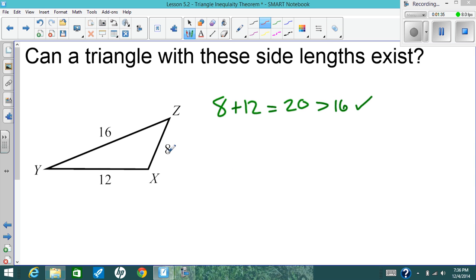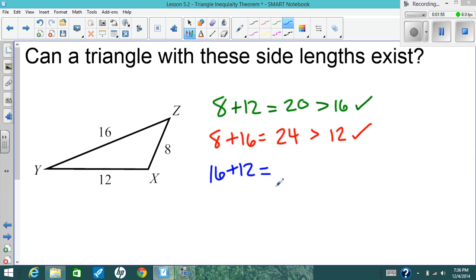We could also pick 8 and 16. That gives us 24. That needs to be greater than 12, which it is. And last but not least, the other combination of sides would be 16 and 12. And that is 28.